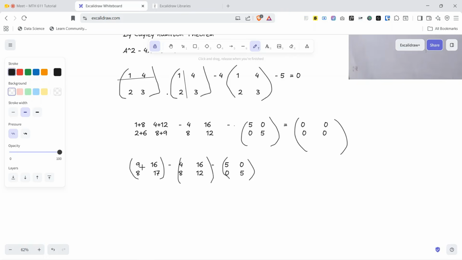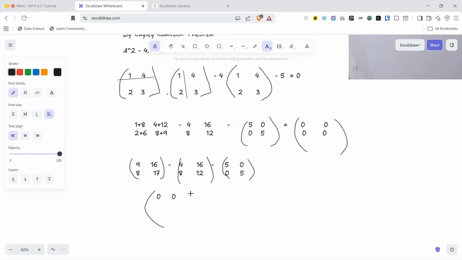So now 9 minus 4, that is 5. 5 minus 5, that's 0. That's this first entry. Because it's subtraction, you do it as normal subtraction. 16 minus 16, 0. 0 minus 0, that's 0. 8 minus 8, 0 minus 0, that's 0. 17 minus 12, 5. 5 minus 5, 0.